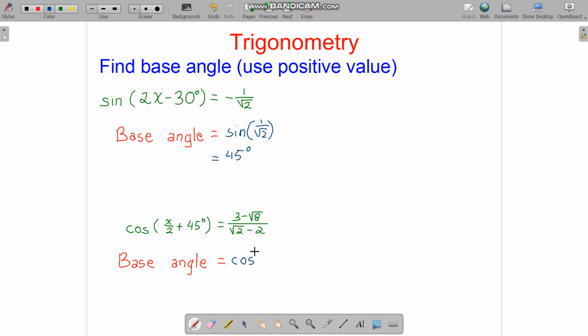You can just use your calculator and see what you get. If you get something negative, you've got to use minus. So cos minus, because we want to make it positive, root 2 over 2, and from here you can just use your calculator. You will get an angle in the first quadrant, positive.